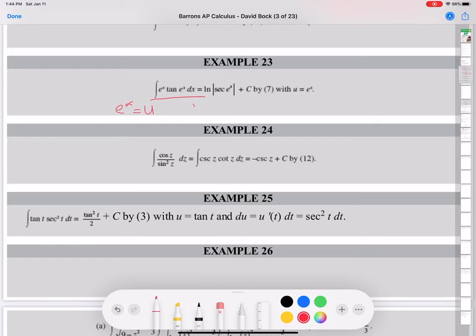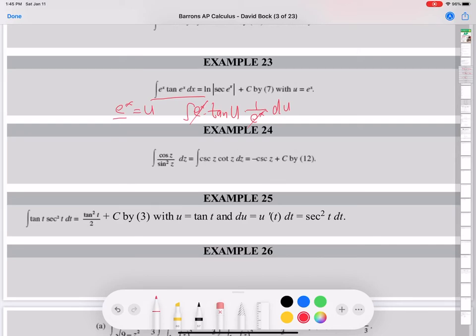So you change the integral: e to the x times tangent u dx. But dx is what? 1 over u prime du. And du is what? The derivative of e to the x is e to the x times du. So this part is gone. What is left? Only tangent u is left, right?